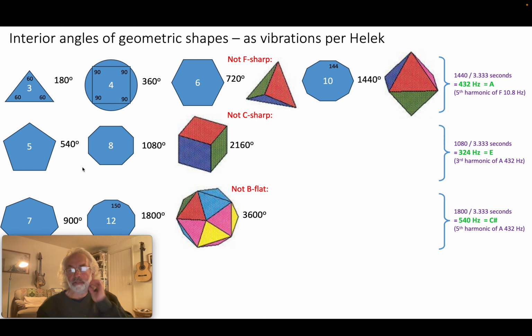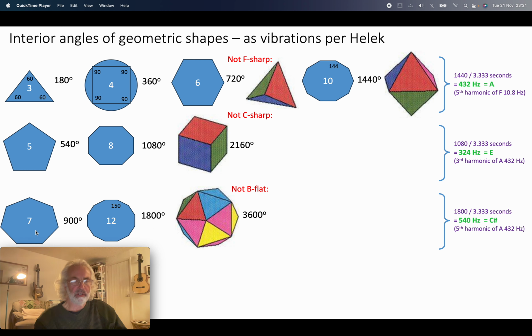The next band of geometric shapes, the 7-sided figure and the 12-sided figure, septagon and dodecagon, I think, 900, 1800, those are double each other, and the icosahedron, I don't know how many sides that's got, but anyway, it's 3600 degrees. Those are all octaves.